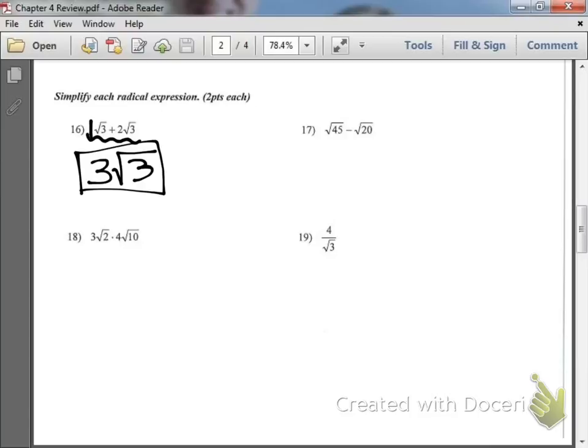No. So on number 17, we need to try to simplify them first. This is 9 and 5, 3 and 3. So square root of 45 gives us 3 square root 5. Minus 20 is 4 and 5, 2 and 2.